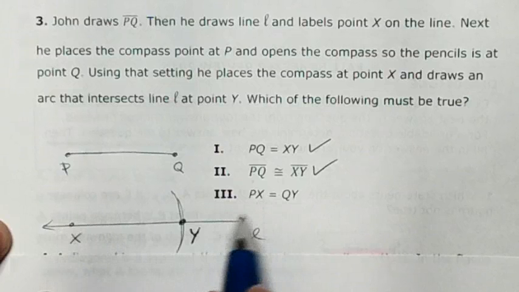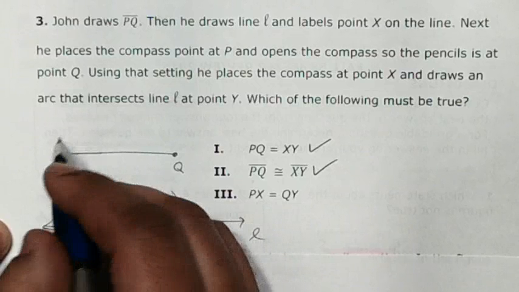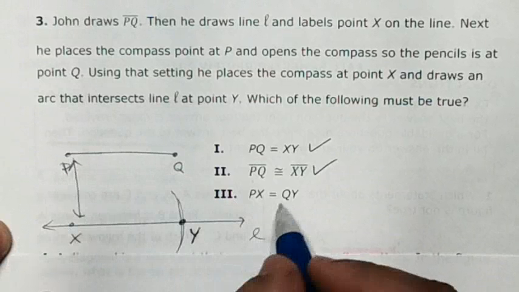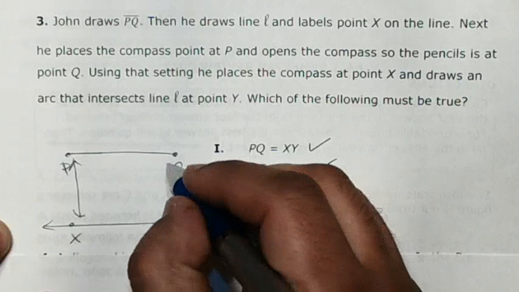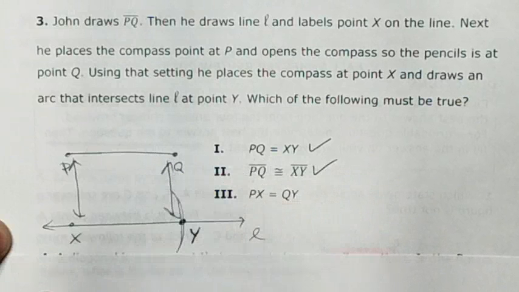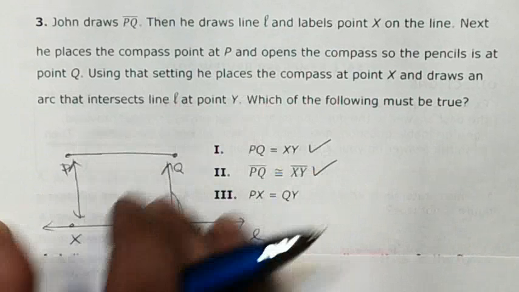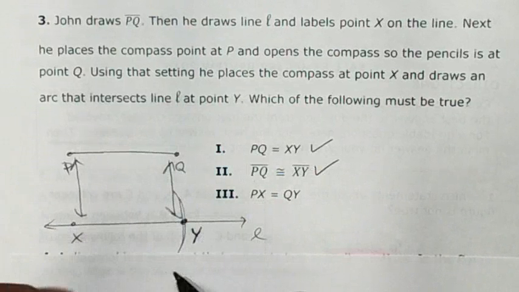Now, if we look at statement 3, the distance from P to X, which would be here, going this way, is that equal to the distance from Q to Y? Okay, that one would not be true because it didn't say anything about the direction of the segments.